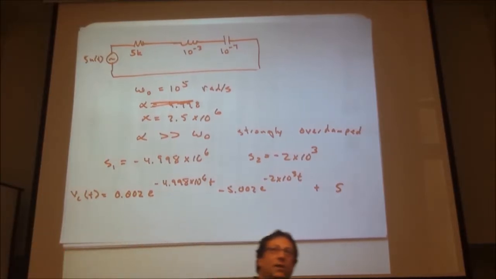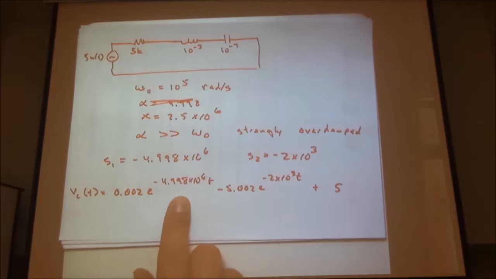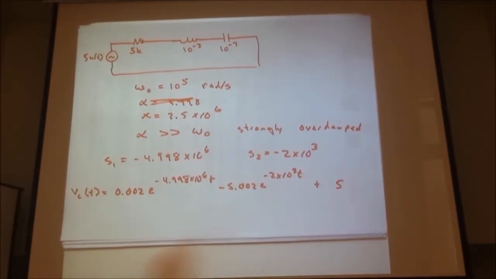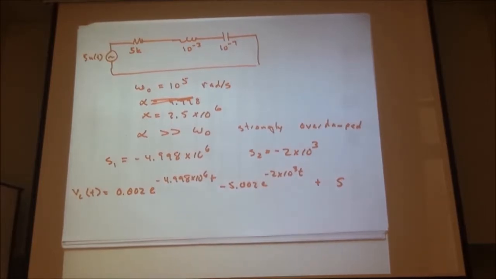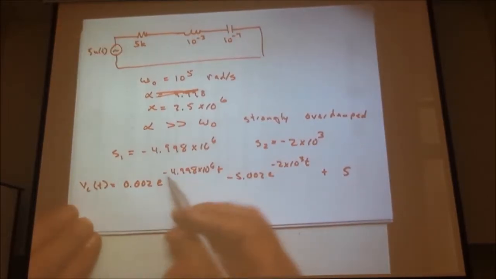I couldn't quite hear you, but I think you said it gets smaller faster. And that's what happens when you have strongly overdamped cases. So this term is 3 orders of magnitude larger than this term. Well, in exponential terms, that's huge. So this one goes to 0 really, really fast relative to the other.